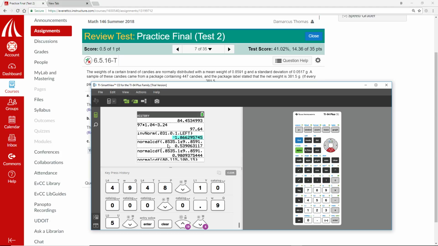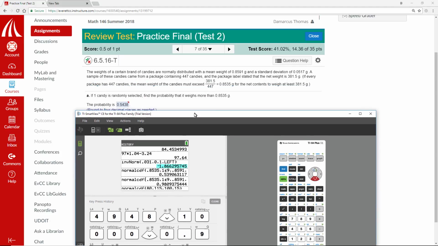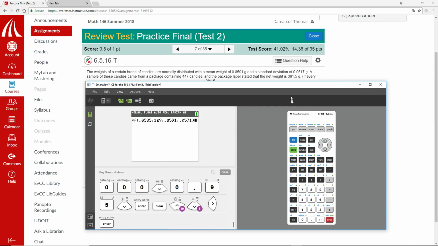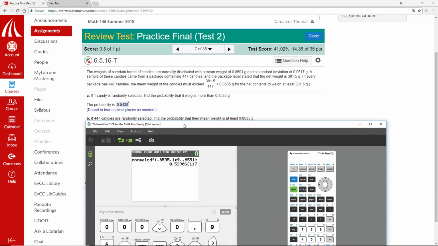Yeah, my lower bound is 0.8535, so lower bound to infinity, and then my mean is 0.8591. That looks good. And then my deviation was 0.0571. Yeah. 0.53.